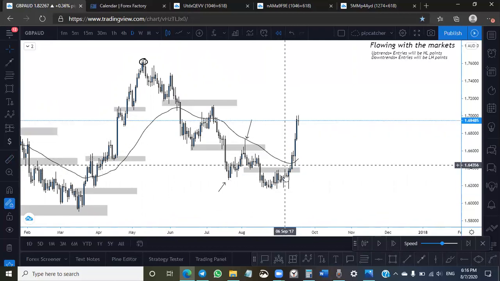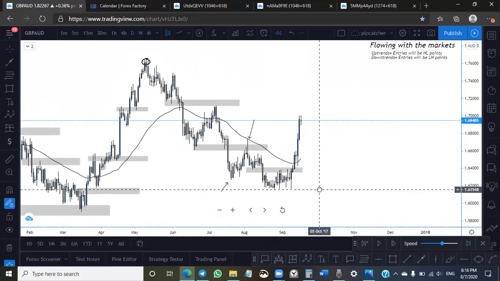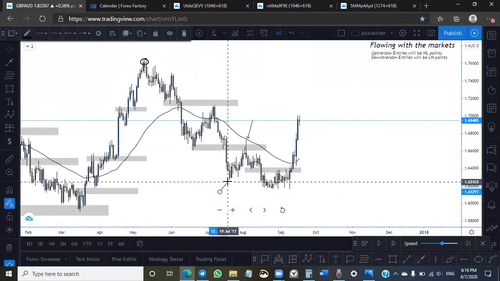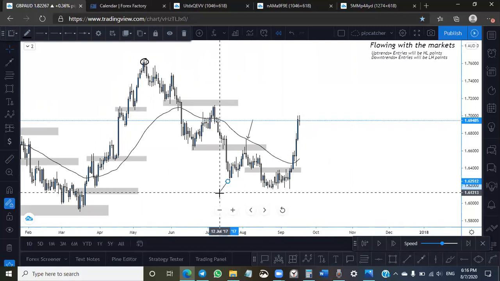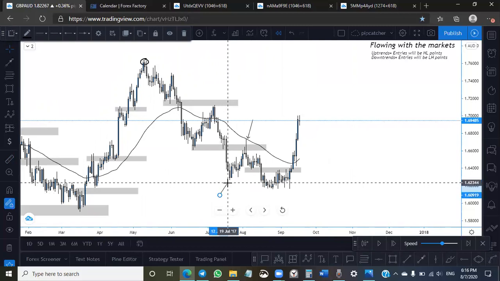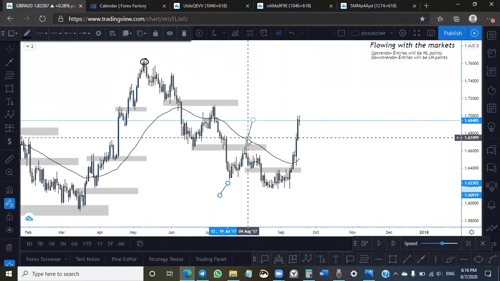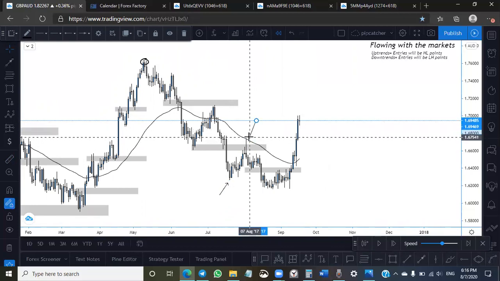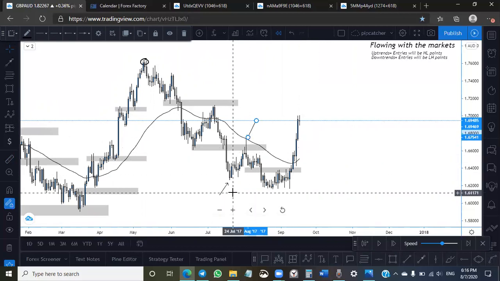Maybe would have left us at break even, and that is perfectly okay. Breaking even is better than a loss, and I will take break even on my trades all day before I take a loss, right? Managing your trade is very, very important.